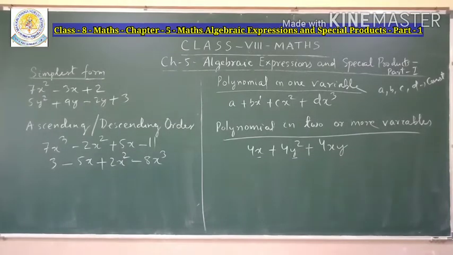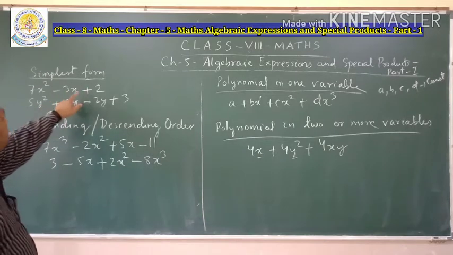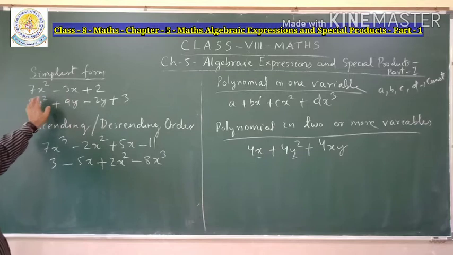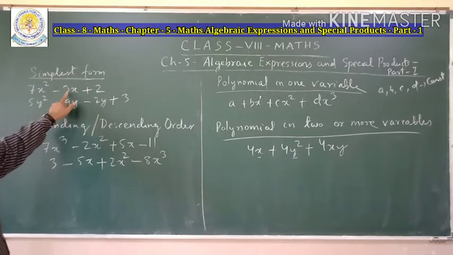Now let us discuss what we mean by the simplest form of an algebraic expression. In this example, an expression is given: 7x square minus 3x plus 2. Here no 2 terms have the same value. 7x square is different from minus 3x and 2, and minus 3x is different from 7x square and 2.